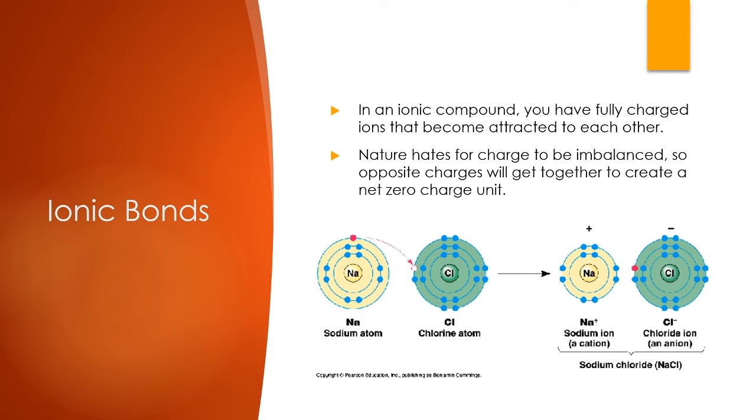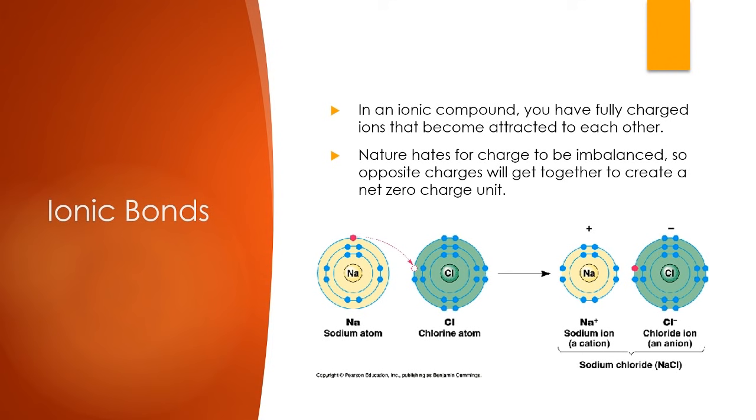Nature doesn't like charge imbalance. That is a very, very important thing within nature. It doesn't like charges to be out of balance. It's going to balance these out. As a result, sodium ions and chloride ions are always going to go next to each other.